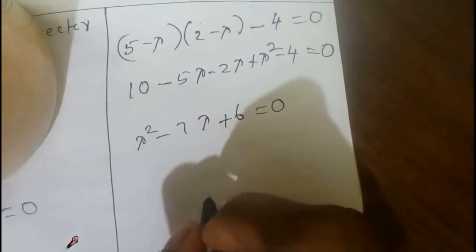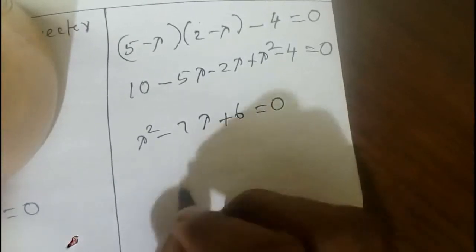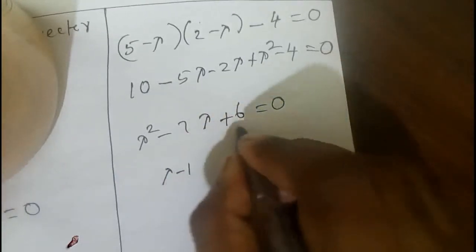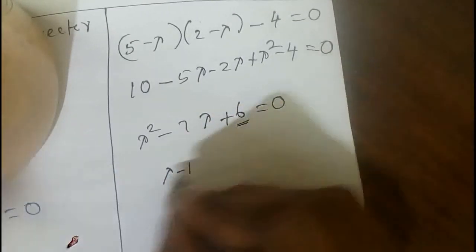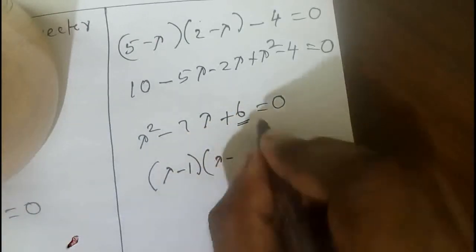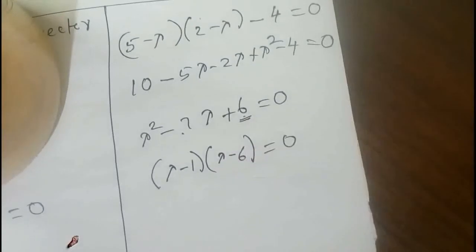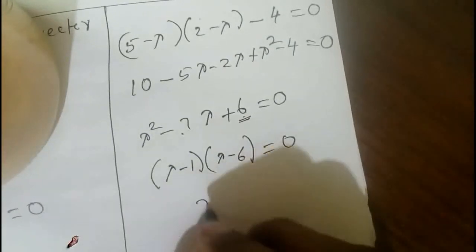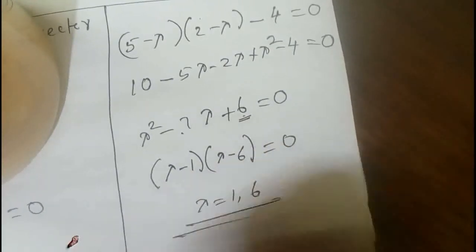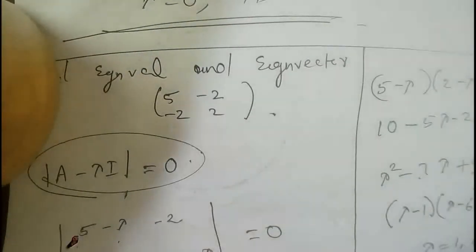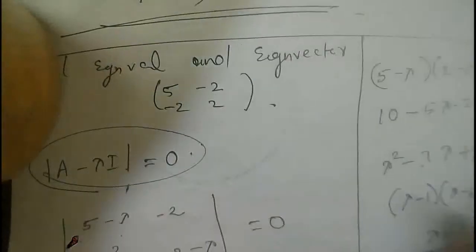We can take the factorization method: two numbers whose product is plus 6 and sum is minus 7. So lambda minus 1 into lambda minus 6 equal to 0. So lambda equal to 1 and 6. So eigenvalues of this matrix are 1 and 6.